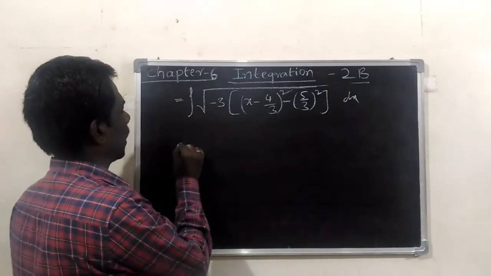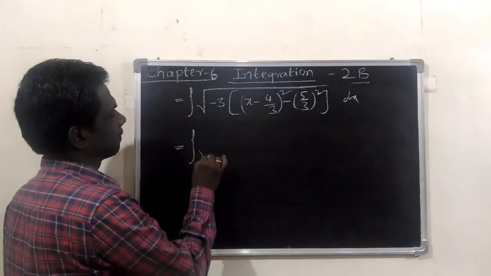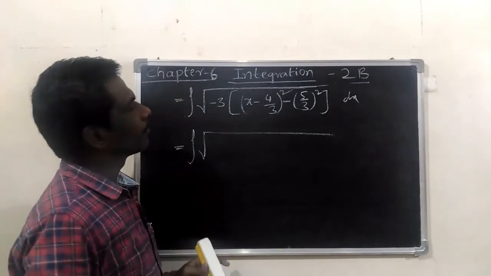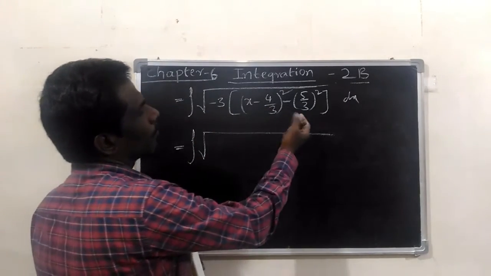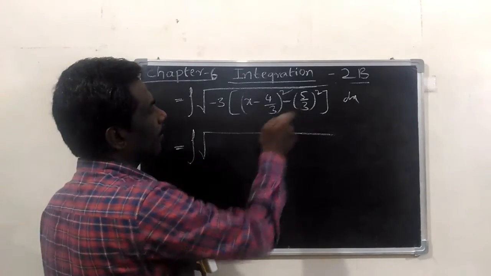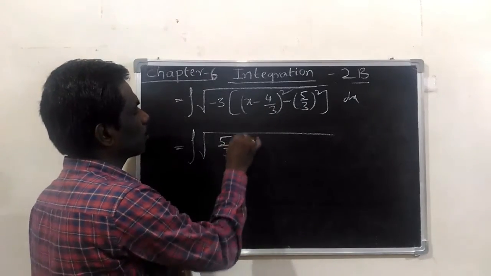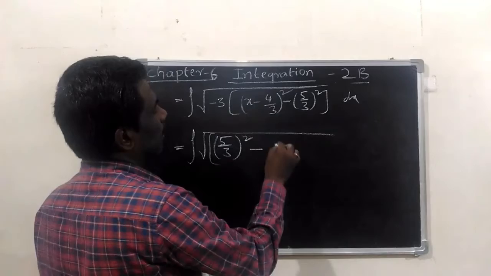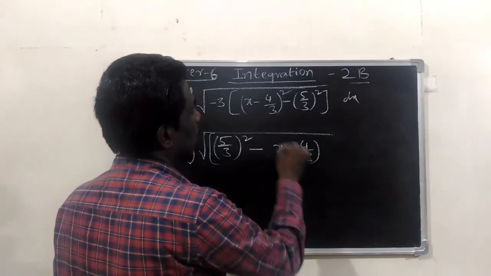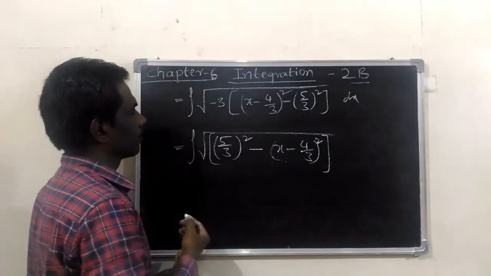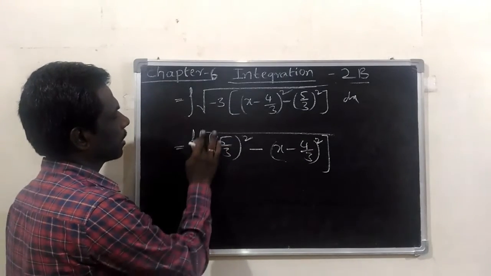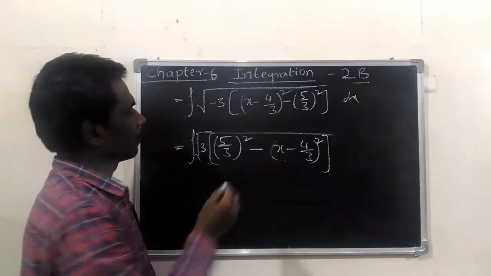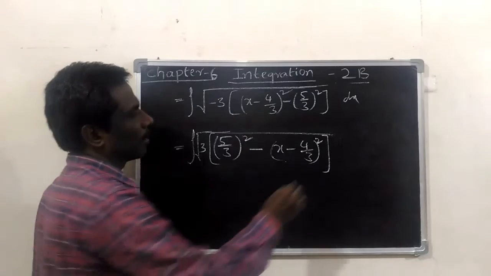Now that is equals to integral under root of, I am sending this minus inside the bracket, then it will be reverse. This 5 by 3 whole square will come first, and minus this x minus 4 by 3 whole square will come next, and 3 is there as it is, just we are sending only minus symbol, so 3 is there as it is.